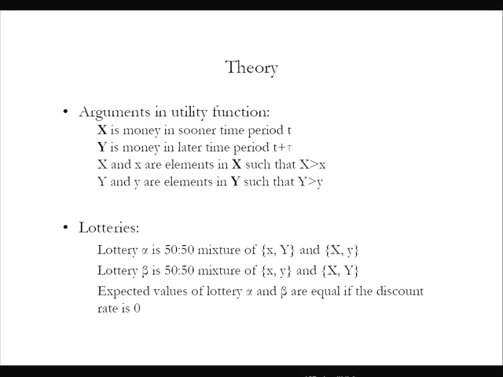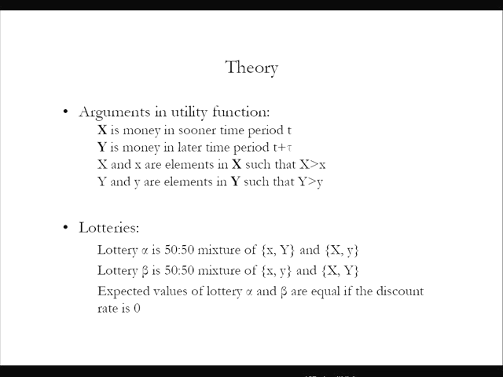Now if the discount rate is 0, then the expected value of these two lotteries is the same. But if you're correlation averse, then you prefer this lottery up here to this lottery down here. So here you receive two bad outcomes now or two good outcomes later. Here you receive a mix of good and bad outcomes now and the same thing later on.